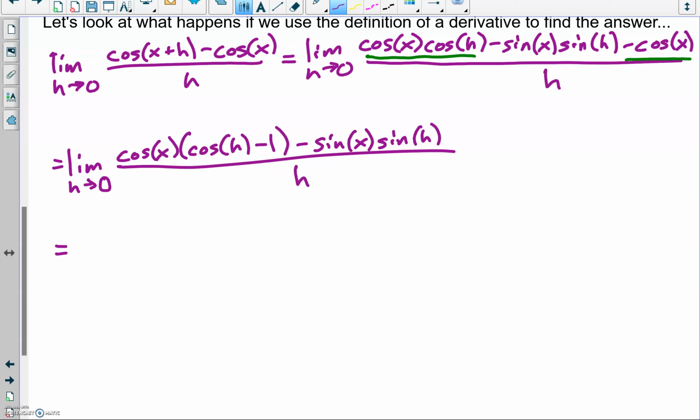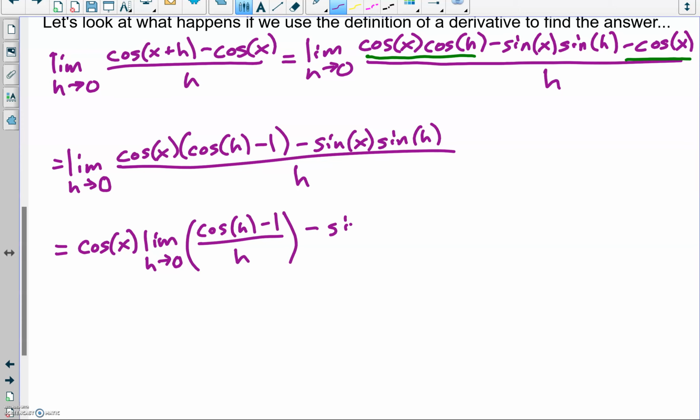So I'm going to have this cosine of x out front. I'll have the limit as h goes to 0 of the cosine of h minus 1 all over h, and then minus the sine of x times this limit as h goes to 0 of sine of h over h. So splitting up similar to what I did for the sine one on the prior page.